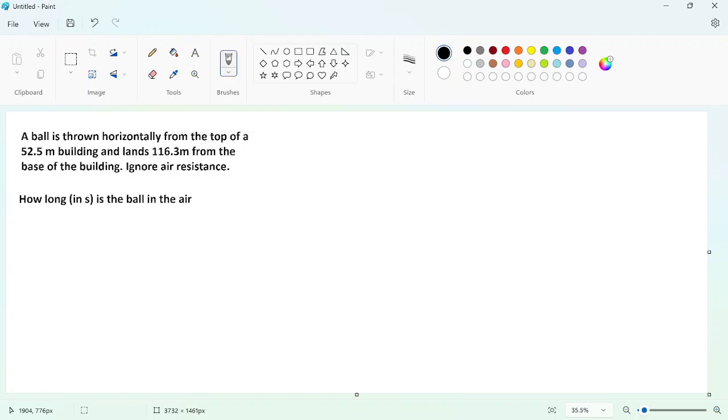When approaching these problems, I like to draw out what I am working with. The ball is thrown horizontally from the top of a building. I'll draw the building, I'll draw the ball, and I'll draw that it's being thrown horizontally from the top of the building.